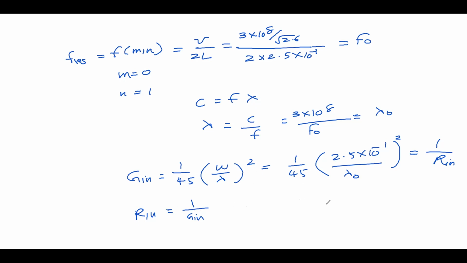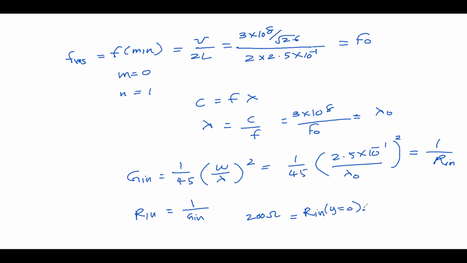Right? So the R_in value, which is occurring at y equals 0, must be made equal to the impedance of the feed line, which is, I think, 200 ohms.